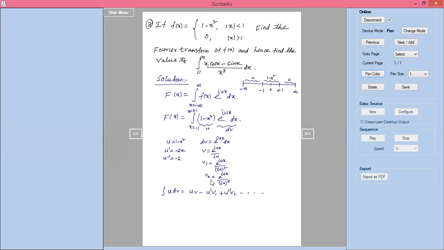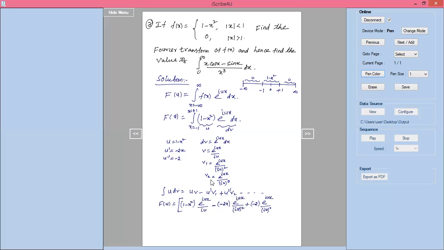Now F of u equals the integral from x equals minus 1 to plus 1 of: first, 1 minus x square into e power iux divided by iu, minus minus 2x into e power iux divided by iu whole square, plus minus 2 into e power iux divided by iu whole cube.